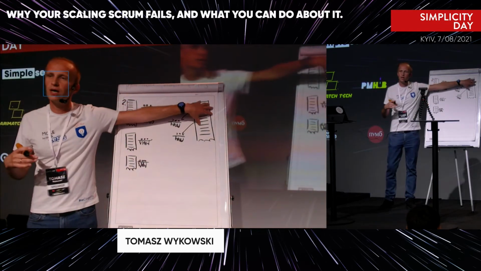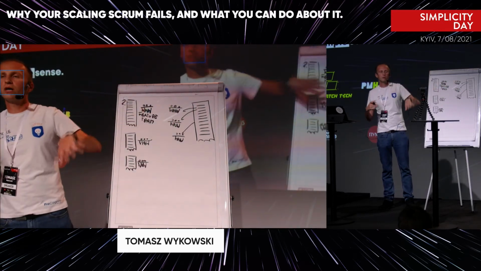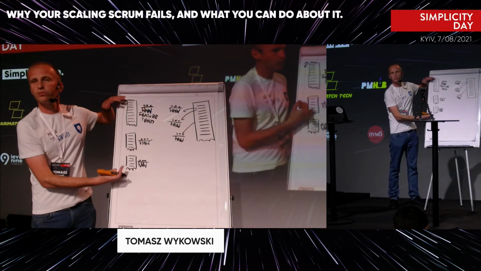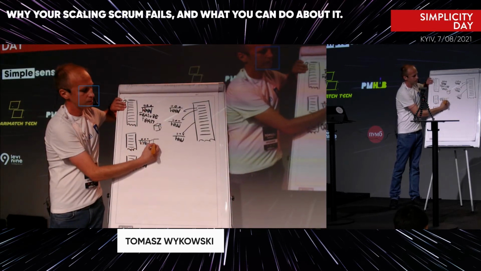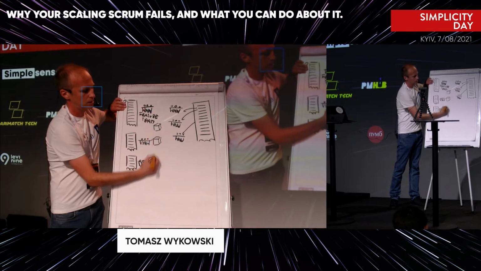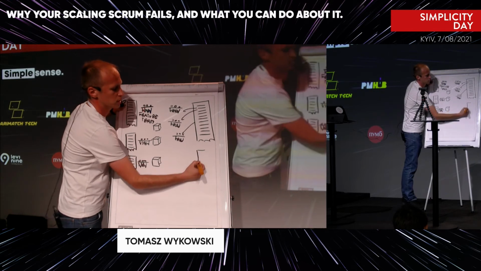Here we have one backlog, with several teams delivering features from it. So we look at your product here as separate products, and here we look at your product as one big product.